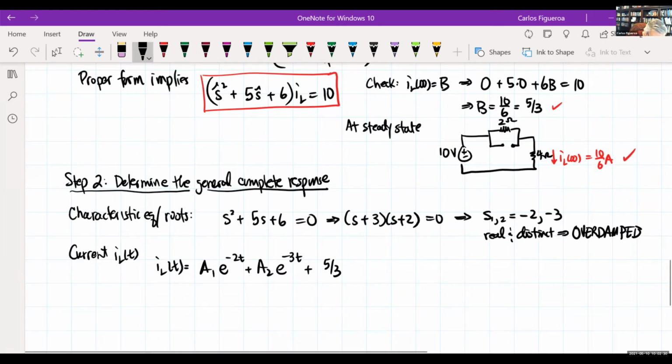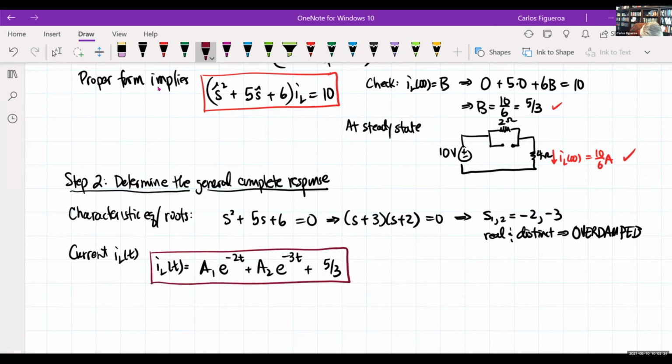So now I have my general response. Now my job here is to go get the initial conditions, right? We got to get the initial conditions, and then we got to apply it.